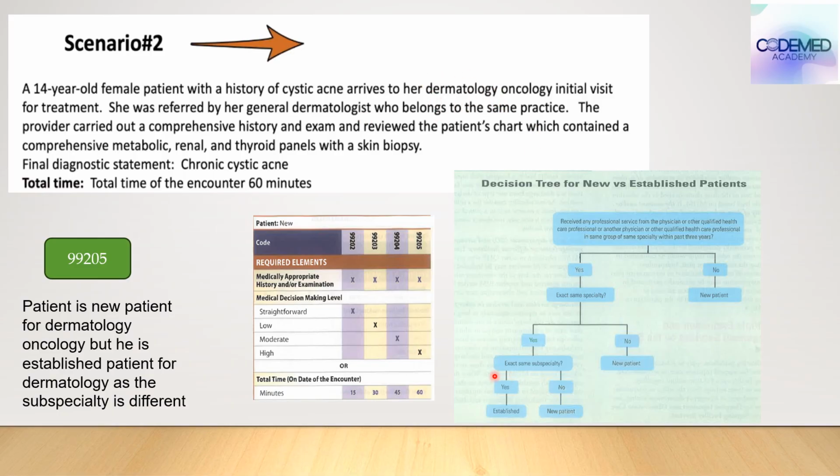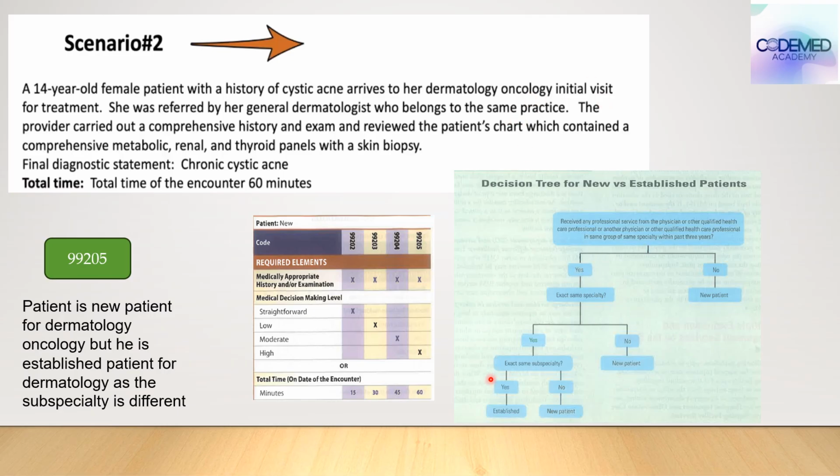And if you remember, exact same specialty, subspecialty, yes and no. The subspecialty is different because the specialty is dermatology and subspecialty is dermatology oncology. And then she becomes a new patient. And we have one more clue here, that she was referred by her general dermatologist and initial visit. So that is also enough for you to understand, but do not jump into that.